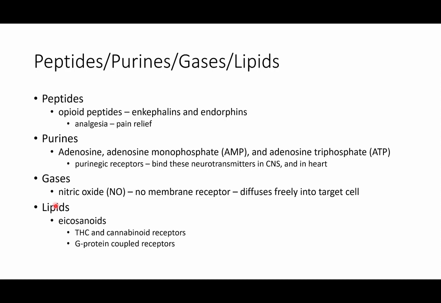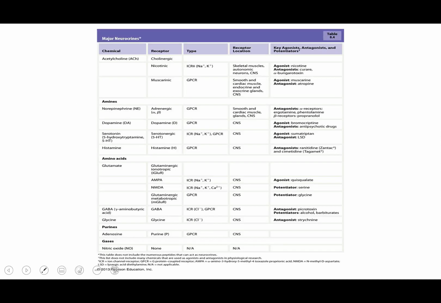The lipid neurotransmitters that have been studied, an example would be the eicosanoids. These are compounds like THC found in marijuana, which we classify as cannabinoid compounds. These bind to receptors and elicit a cellular response.